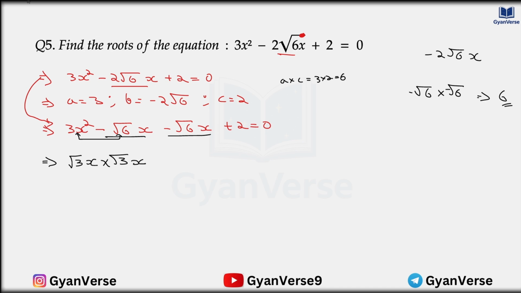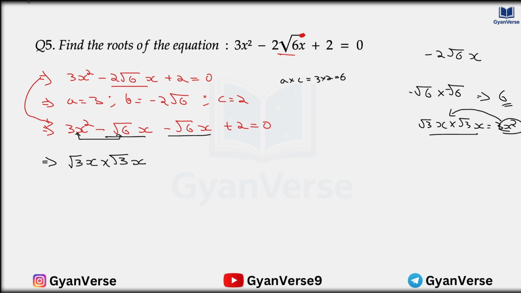You can write 3x square in this form, because when you write 3x square in this form, it will not change the previous form. What I mean by that is, when you multiply root 3x by root 3x, what you are going to get is 3x square, right? So you are just expanding 3x square in this form.